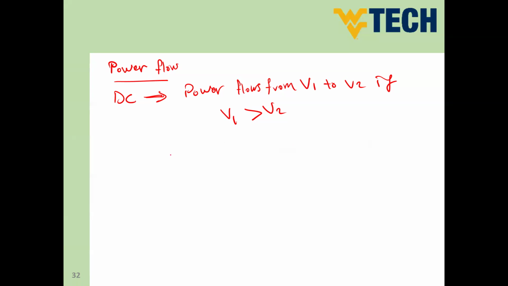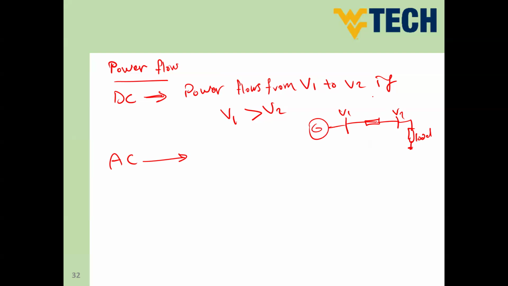For instance, in AC now, let's say we have V1, and this is the transmission or whatever, and this is V2, and this is our load, and here is our generator.